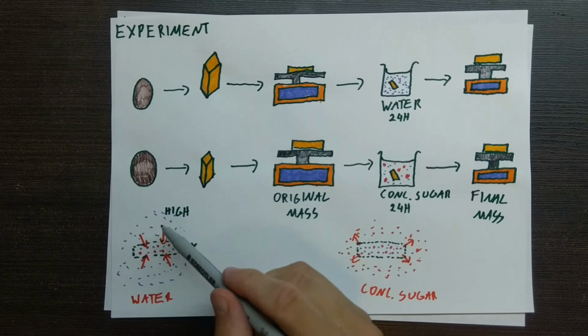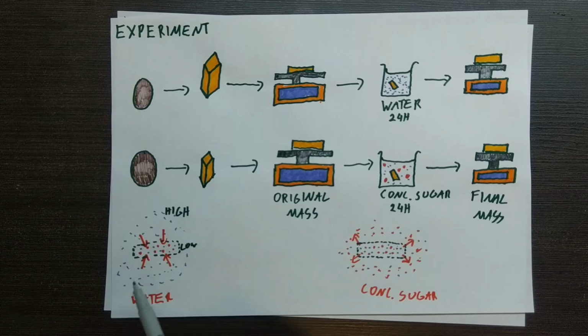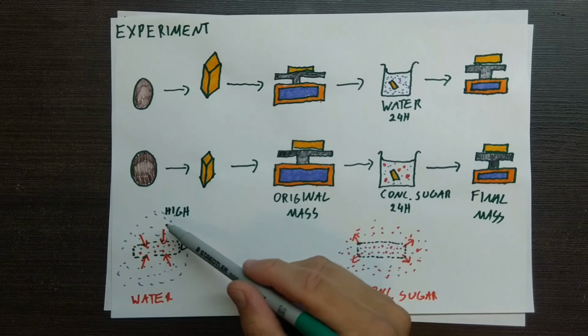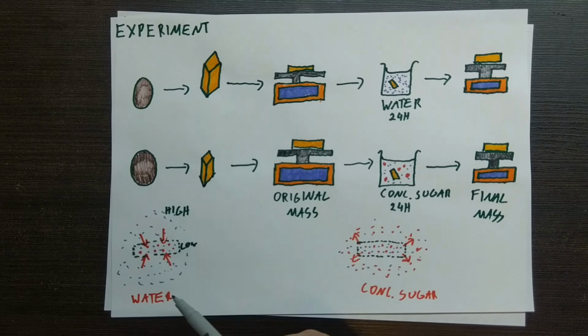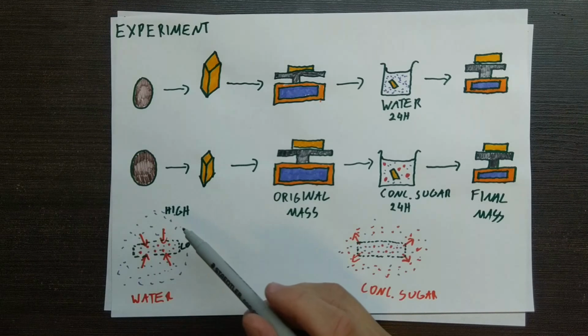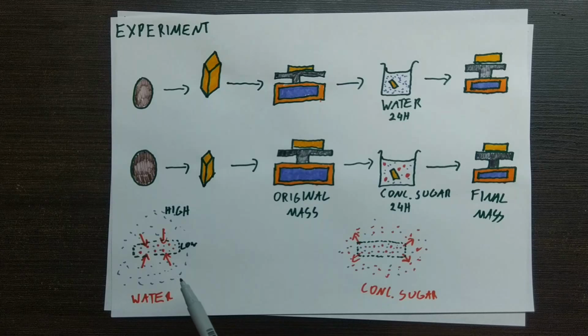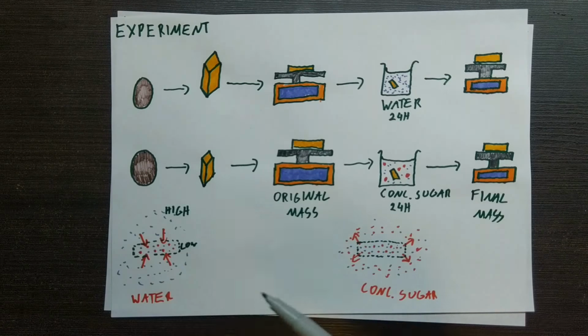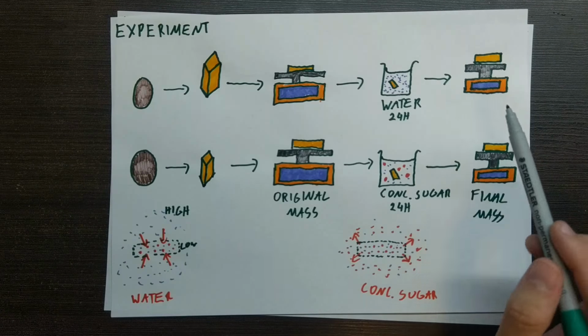So outside we have a high concentration of water, and inside the chip we have a low concentration of water. So what's happening here is that the water is moving down the concentration gradient from an area of high concentration to an area of low concentration. So water is moving into the chip and it stays inside the chip. Therefore, the chip will gain mass. So this chip here, the chip that was in water, will be heavier than it was before.